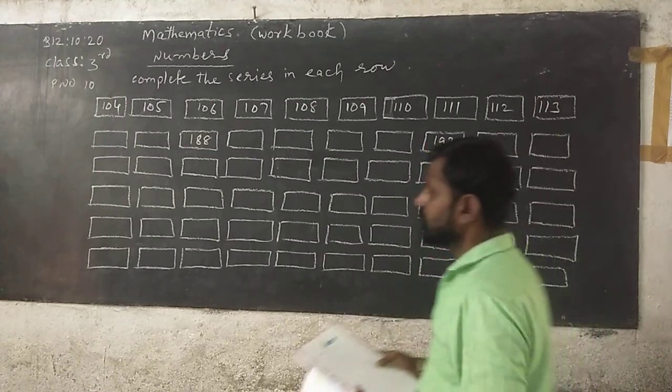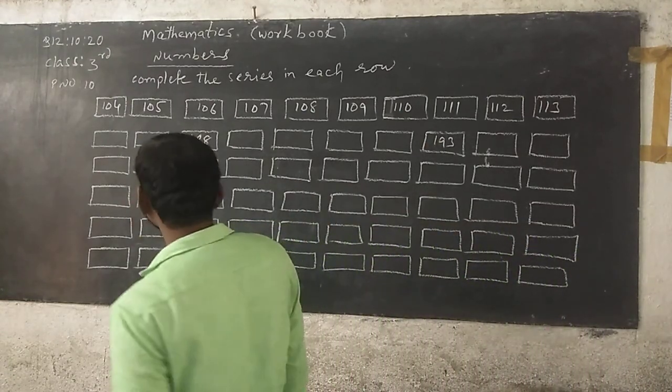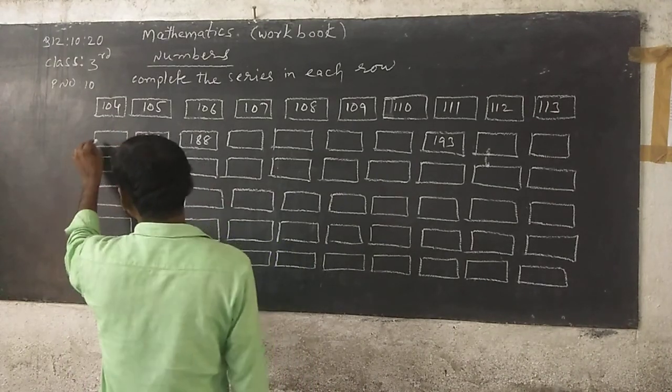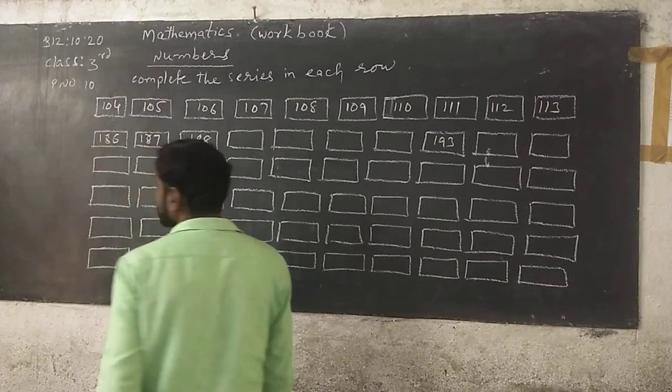See here, 188 before 187. 187 before 186.